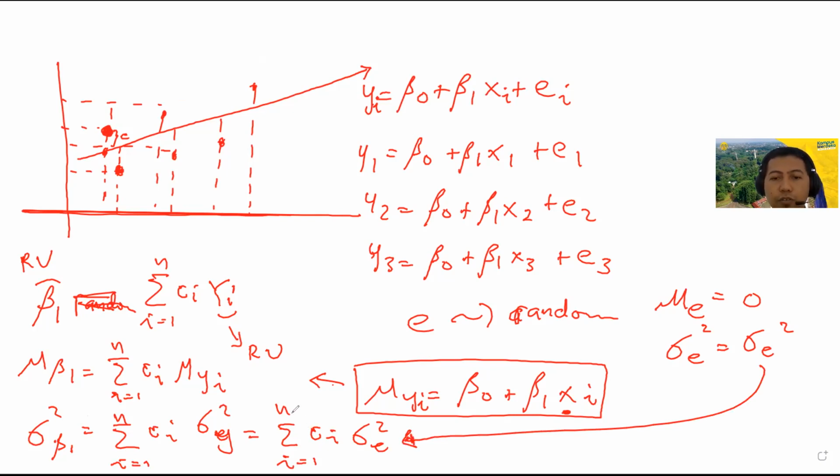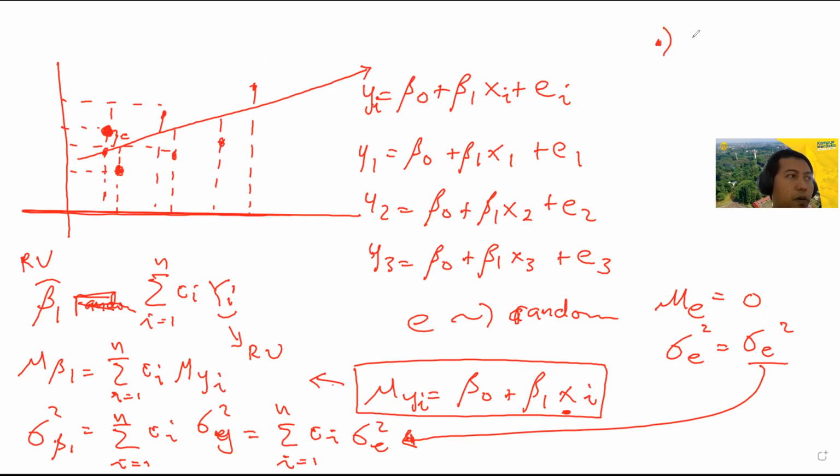And then how to find it? Because we still don't know the standard deviation of error. We should derive it, actually.